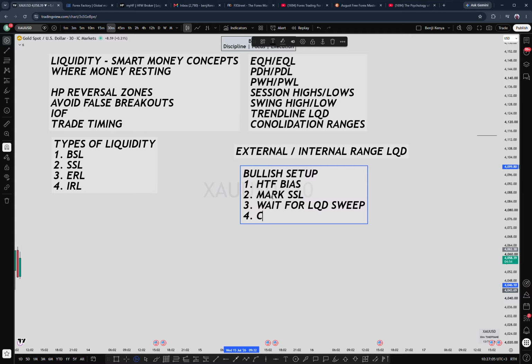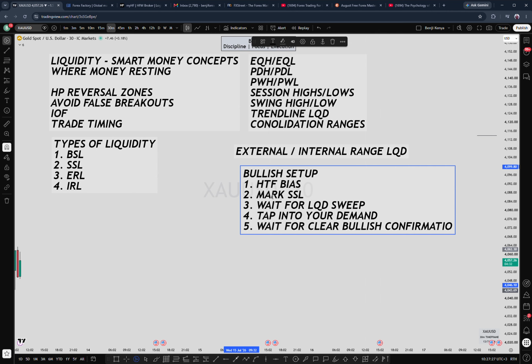After liquidity has been swept, wait for the market to tap into your demand level. Once the market taps into your demand, number five, wait for clear bullish confirmations. Once you're done with that and you have waited for the bullish confirmations, quite clear.